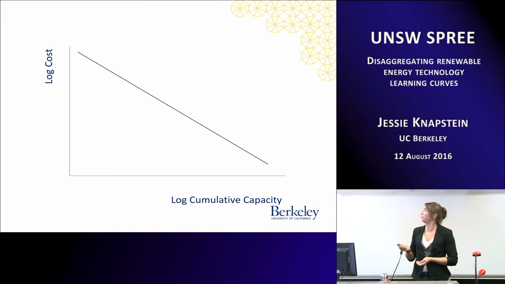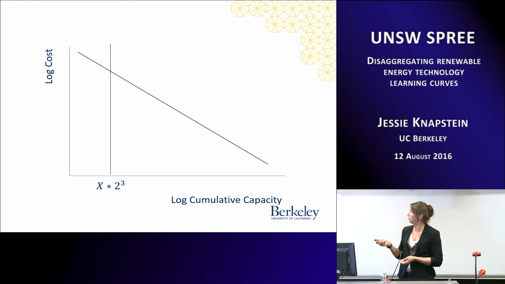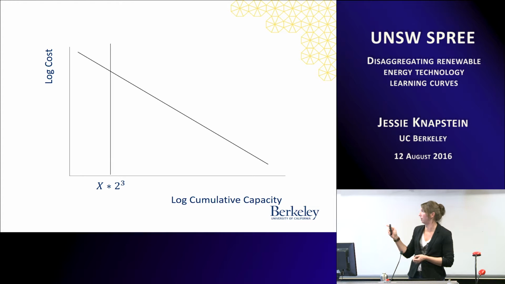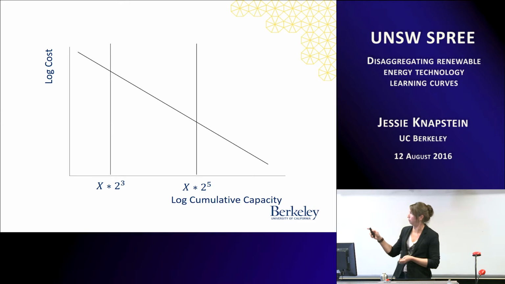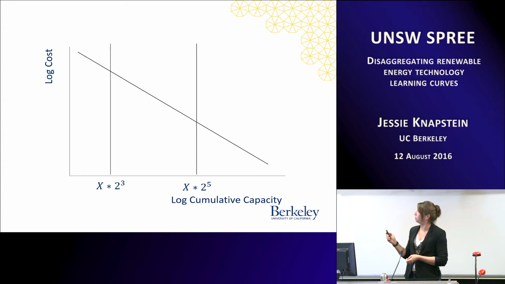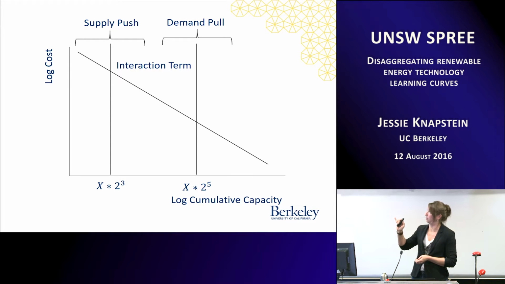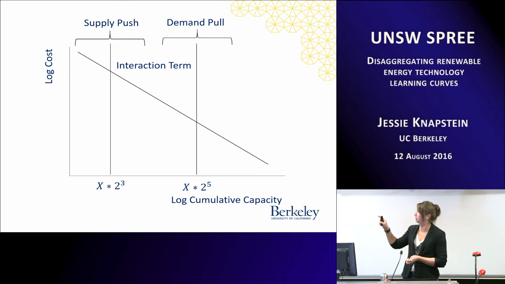So my theory is that instead of doing this whole tripling, when you get up to 3 doublings of the capacities of the 2 breakdowns that we have in the National Energy Modeling System currently, you could look historically at the variation in supply push technologies versus demand pull technologies after adding in an interaction term in the middle.